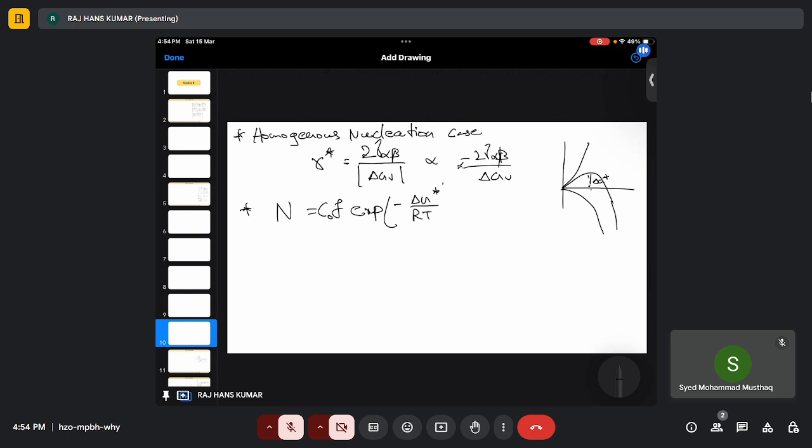So let's say it is in molar value. So let's take RT instead of kT, because we are mentioning this in joule per mole per Kelvin, right? So that's why I'm mentioning delta G star.